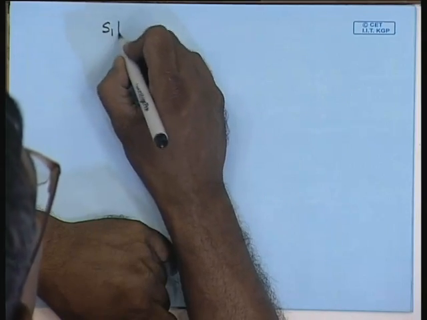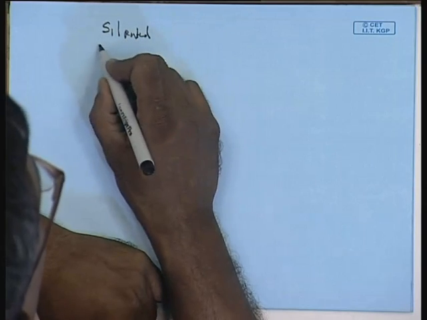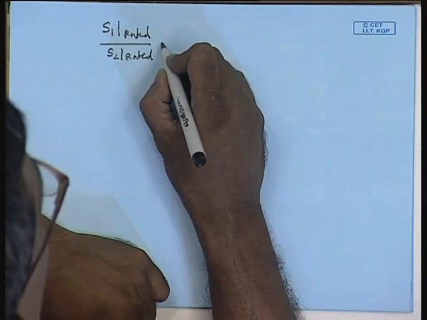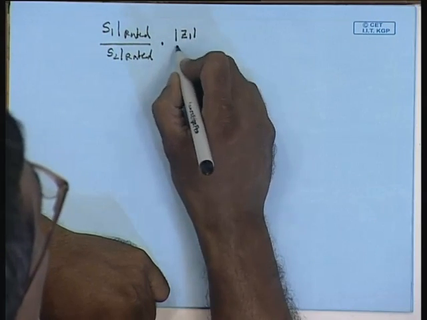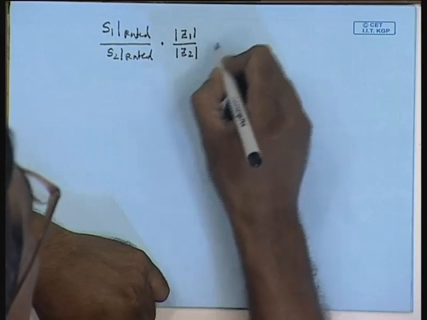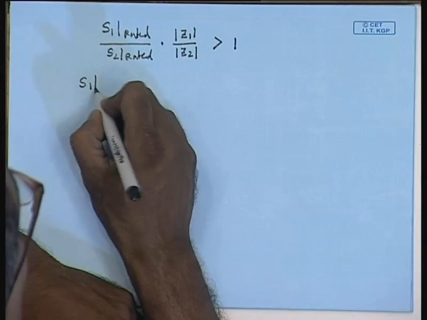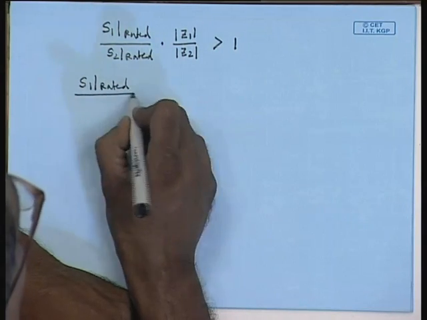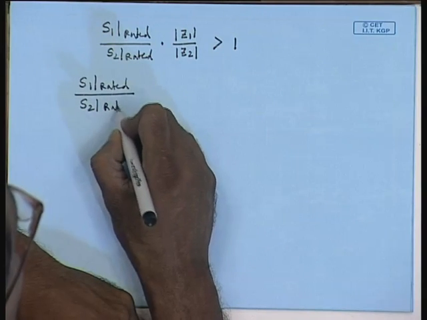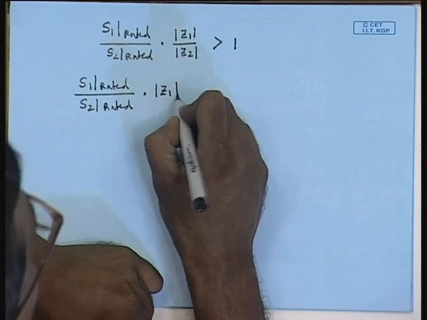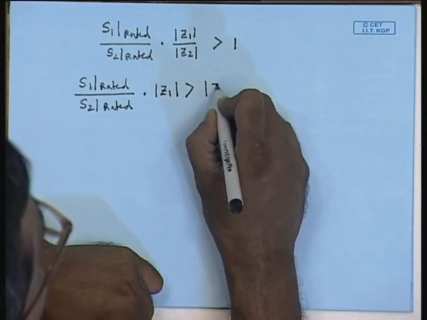This thing can be written as |Z1| by |Z2| larger than 1, or S1 rated by S2 rated into Z1 is greater than Z2.